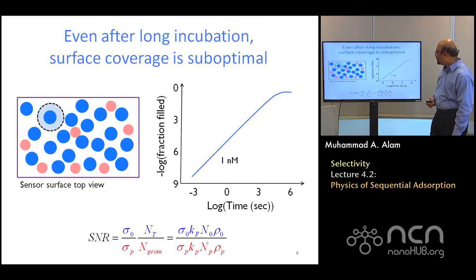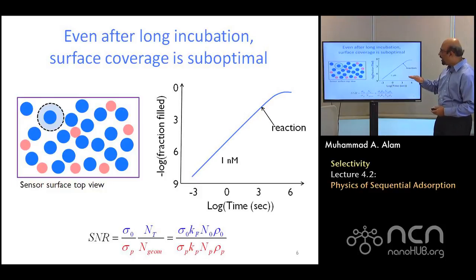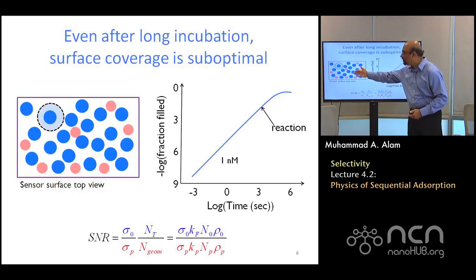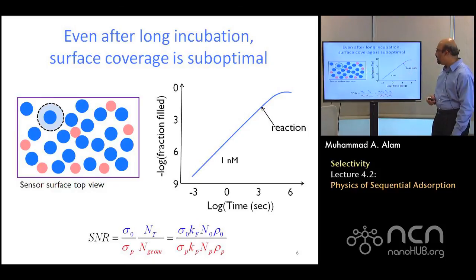And it turns out that at low concentration, let's say you have 1 nanomolar, even if it were relatively reaction dominated, it will take many hours for the surface to reach 54%.